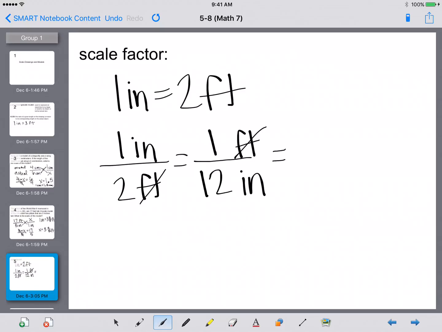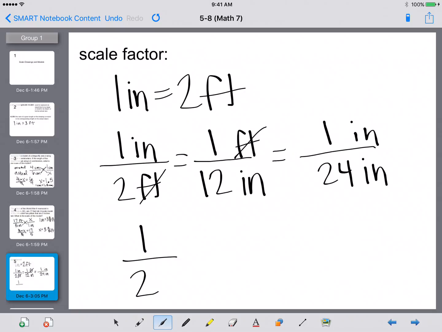And just like before, we're going to multiply straight across. 1 times 1 is 1. 2 times 12 is 24. And our label is inches both times, which is perfect. And so the scale factor we would write as 1 over 24, or you could also write it as 1 to 24, whichever one makes you the happiest.